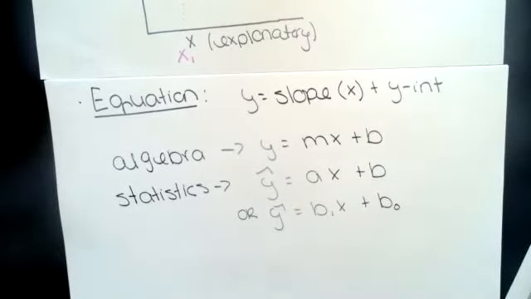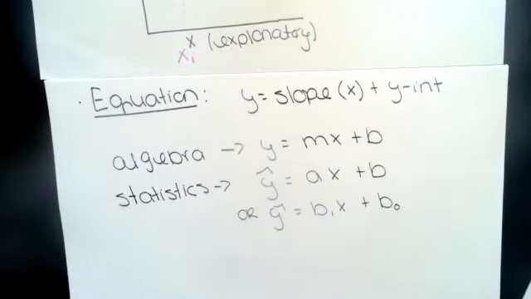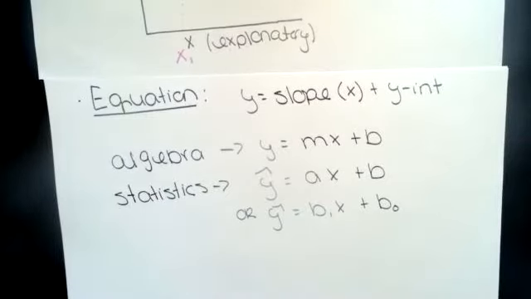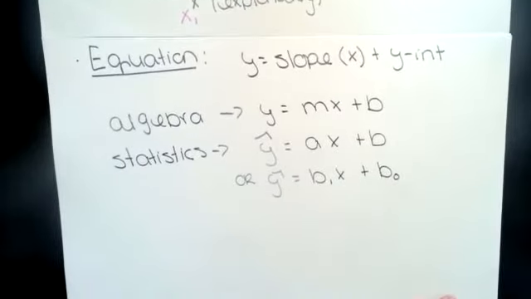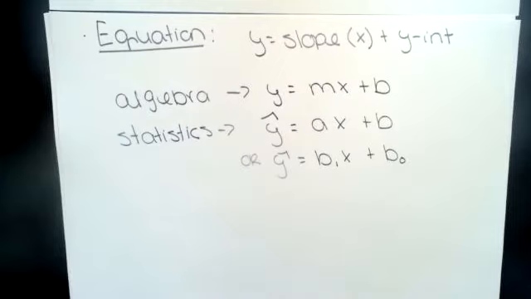Our calculators are going to do this work for us. We're not actually going to find this by hand, although I like to let you know how the calculators calculate them. It's really nothing new. It's all from algebra, but I just like to show you.